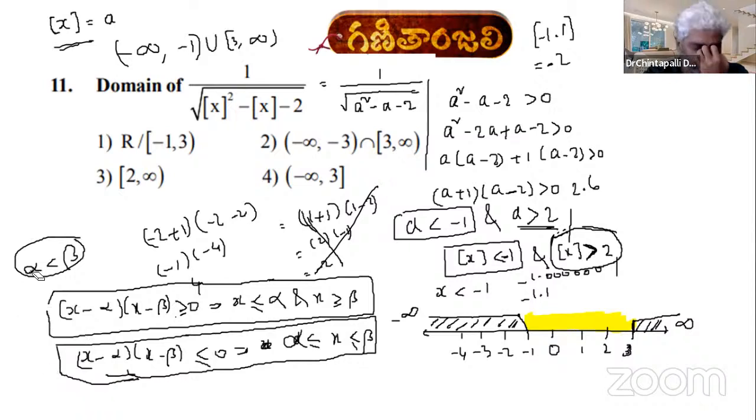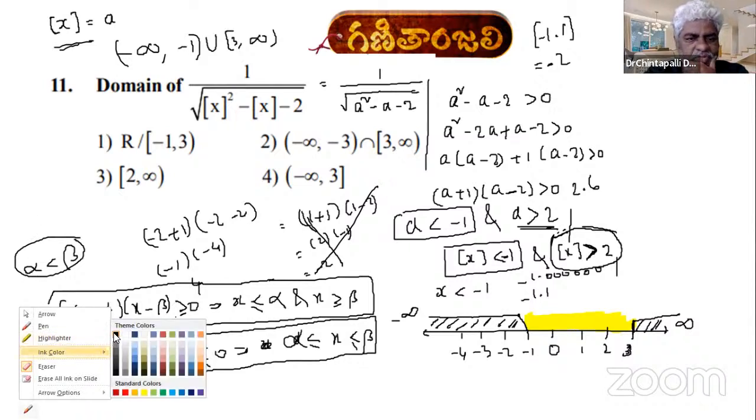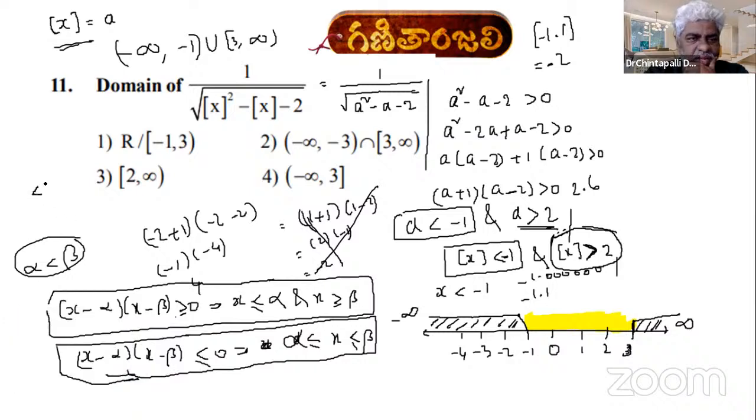For example, if someone says the numbers less than 3 and greater than 8, then we will say not between 3 and 8. Less than 3 and greater than 8 means not between 3 and 8.